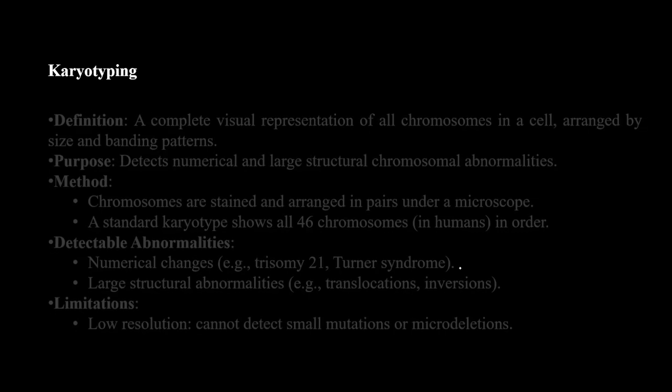Now coming to the second method, which is karyotyping. So what happens in the case of karyotyping? Karyotyping is usually done in the metaphase state. So what you have to do is stop the cell division.